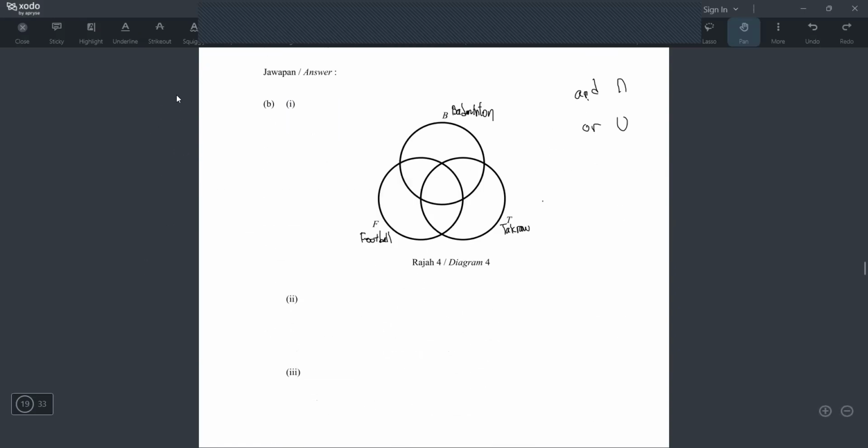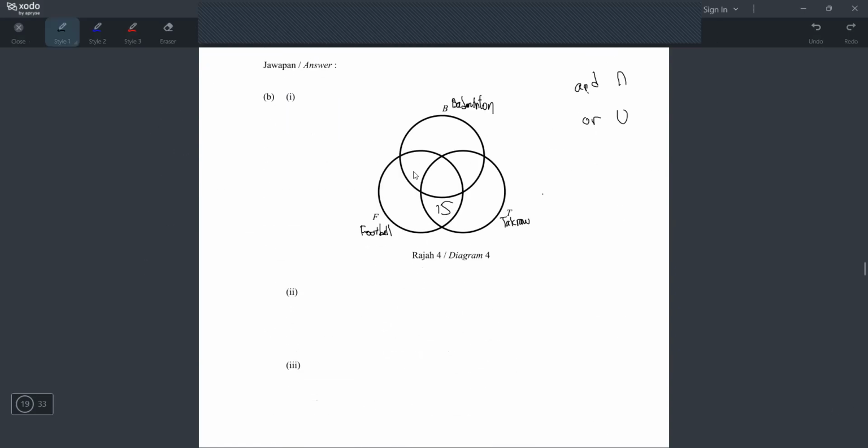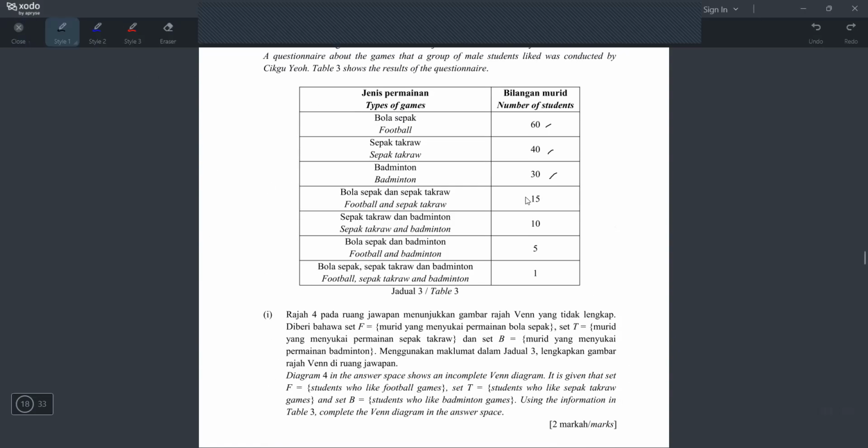If they say football and takraw only 15, you buat macam tu, betul. Tapi dia tak kata only, maksudnya 15 tu sini tambah sini. So 15 tu tak boleh tulis dulu. Ini pun tak boleh tulis sebab tak ada bagi tahu only. Football and badminton pun tak boleh tulis sebab tak ada bagi tahu only. So semua ni tak boleh tulis dulu. Tapi yang ini boleh tulis. Football and sepak takraw and badminton. Ini boleh tulis.